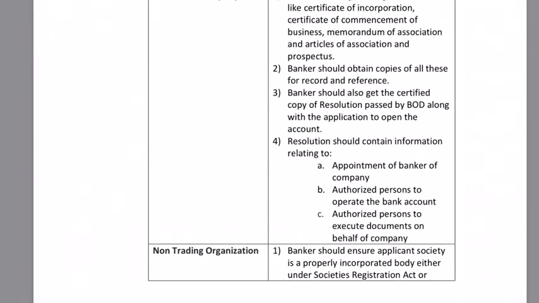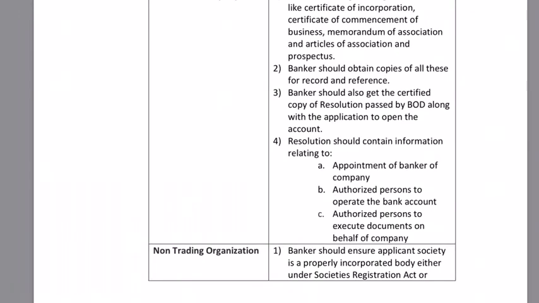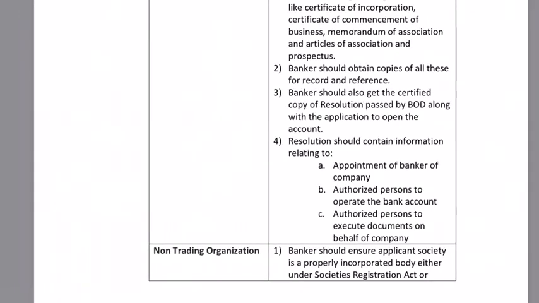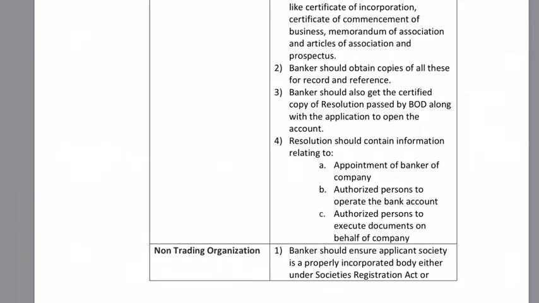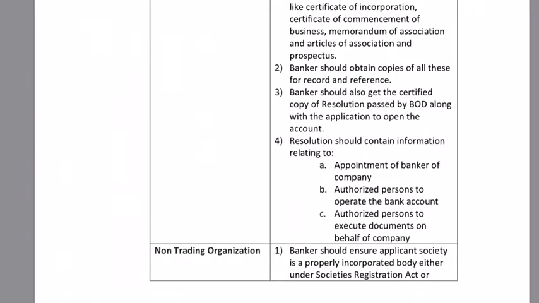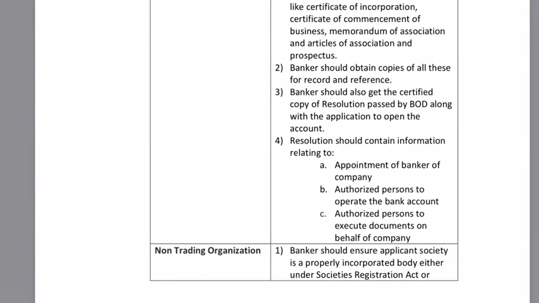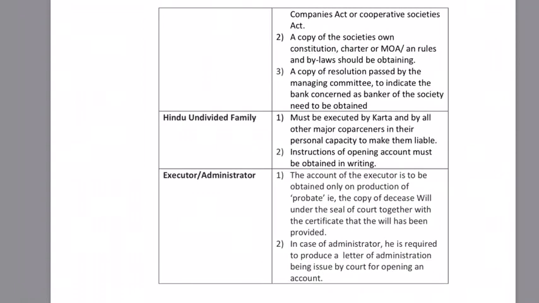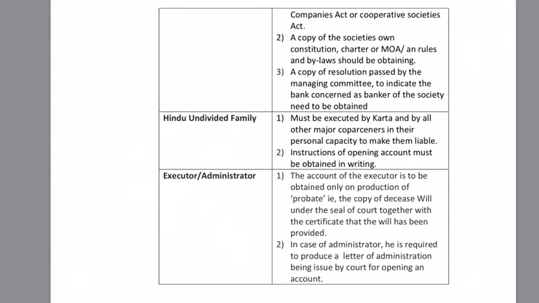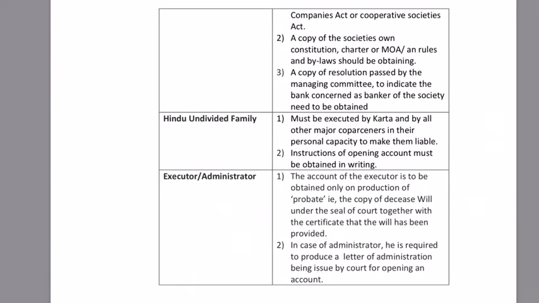Now, there are other organizations like non-trading organizations, like a society. Okay, so the banker should ensure the applicant society is properly incorporated either under the Societies Registration Act or Companies Act or Cooperative Societies Act. So other examples are your trust or your religious organization. So when they open an account, they have to be properly registered.